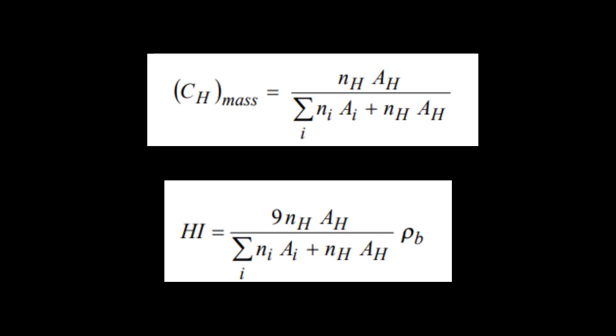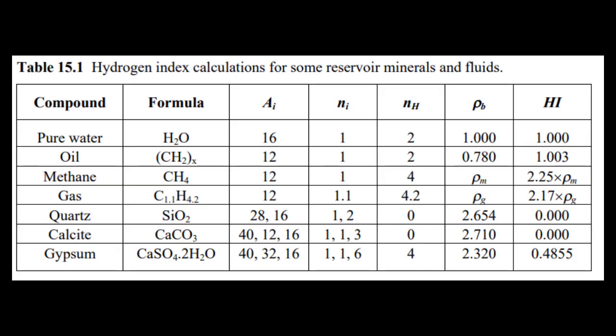The mass concentration tells us the proportion of hydrogen in the material based on the chemistry, but the neutron log is responding to the number of hydrogen atoms inside a volume of rock. Therefore we multiply by the bulk density to convert the hydrogen concentration from a mass basis to a volume basis.